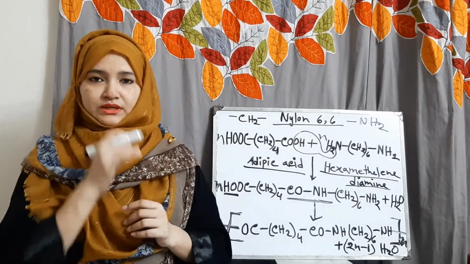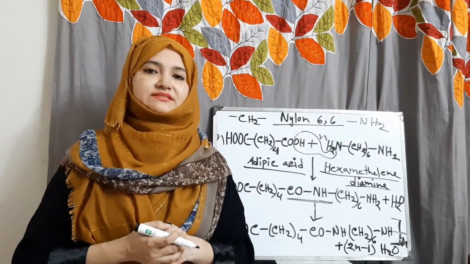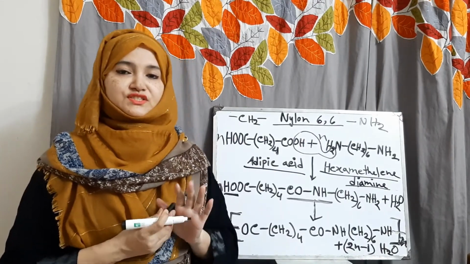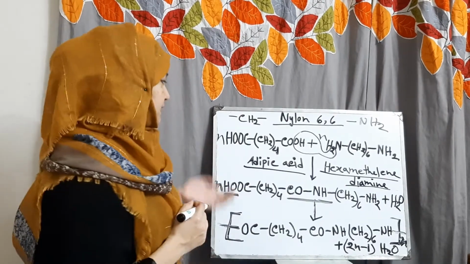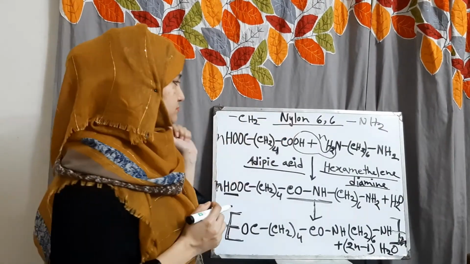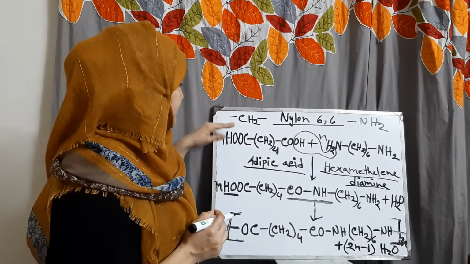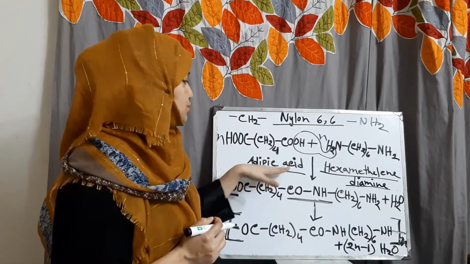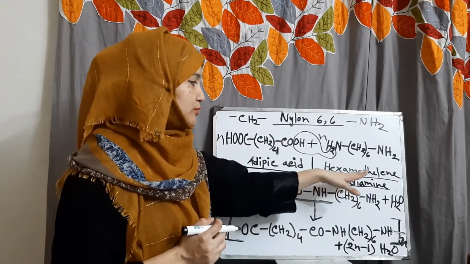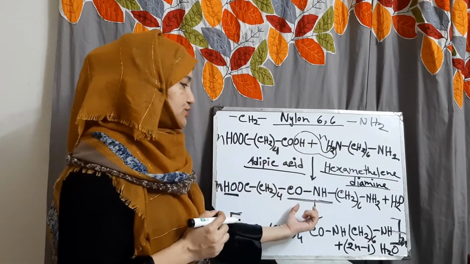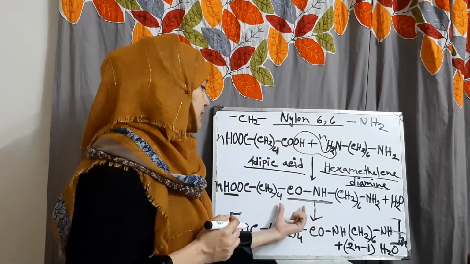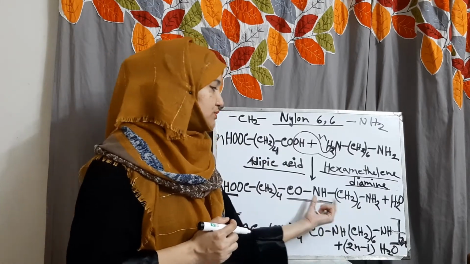Is it clear, students? You will have to practice it. It's a very important question for your exam. At first, I recap. At first we need two different monomer molecules. Then these two monomer molecules join together and form an amide compound, a new compound.